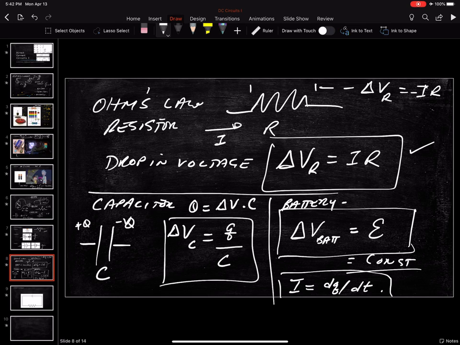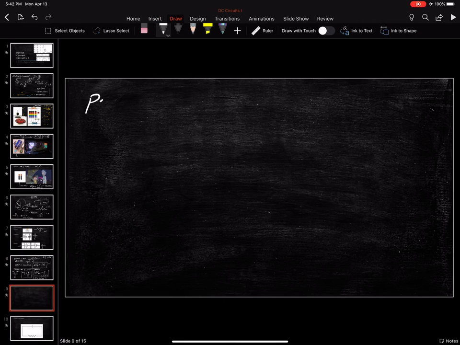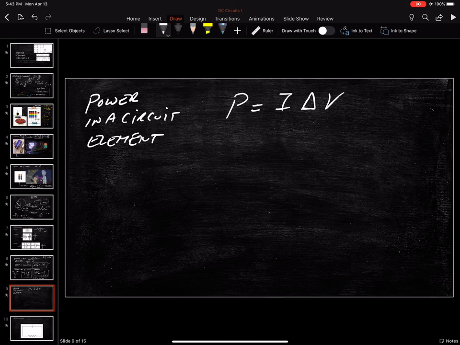One more thing that's handy to remember is the power in a circuit element. By circuit element, I mean a resistor, a capacitor, a battery, okay, is just P is equal to I times delta V, where delta V is the change in voltage across that circuit element, and I is the current.